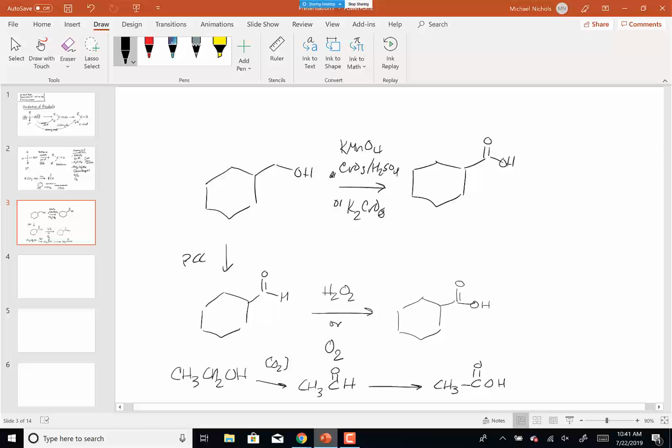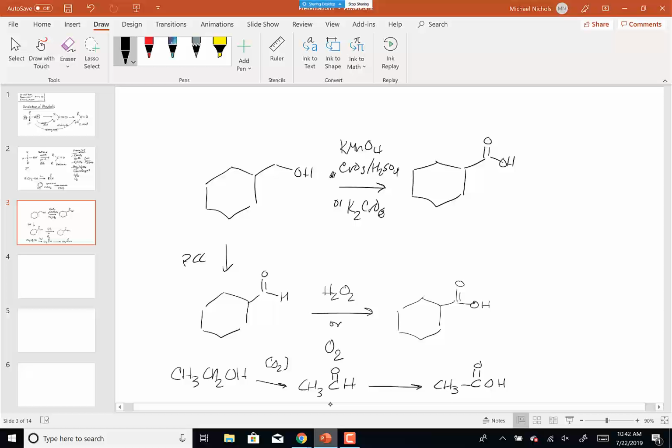So normally we purify the aldehyde from the carboxylic acid by reacting it with sodium bicarbonate. The sodium bicarbonate deprotonates the carboxylic acid, makes it an ion. It goes into the aqueous solution, and then we distill off the aldehyde and keep it away from oxygen.